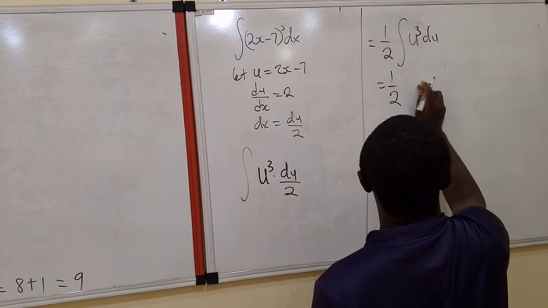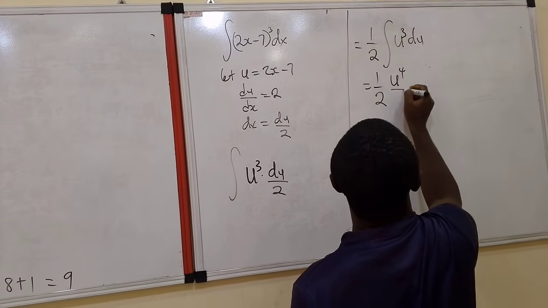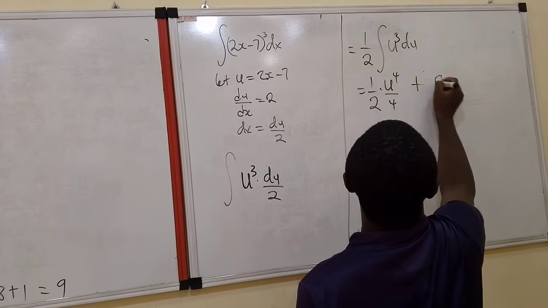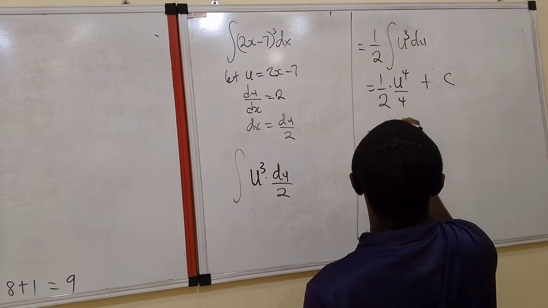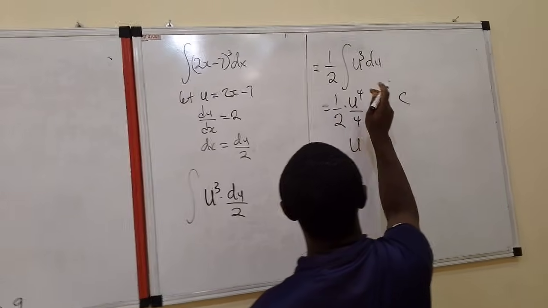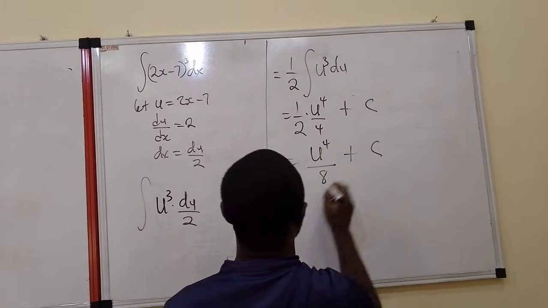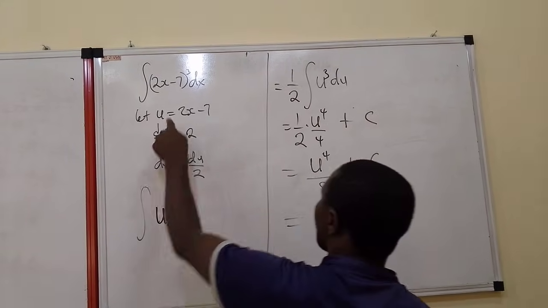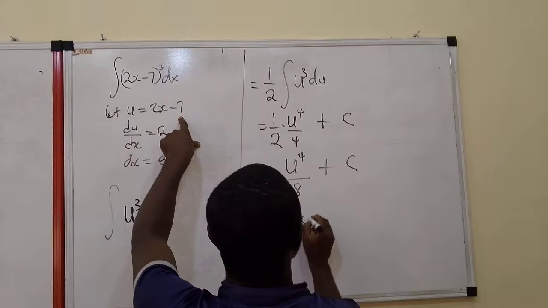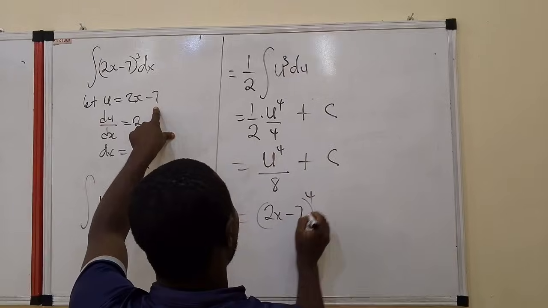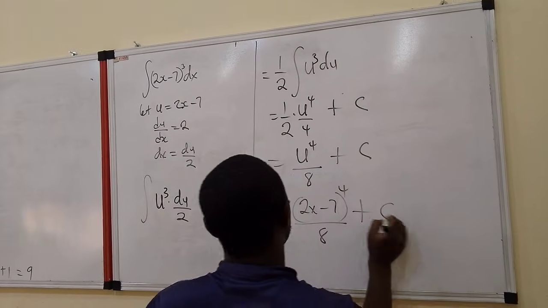Now, if you integrate this, what do you have? u raised by 4 over 4 plus c. That will give me 1 times u raised by 4 over 2 times 4, which is 8, plus c. u is 2x minus 7. That is 2x minus 7 raised to the power of 4 over 8 plus c.